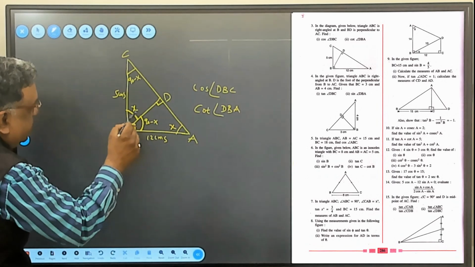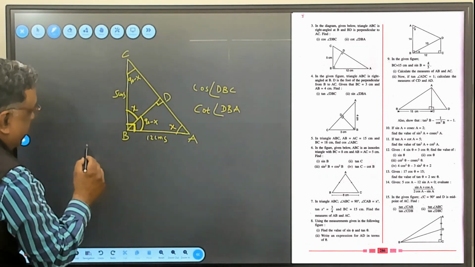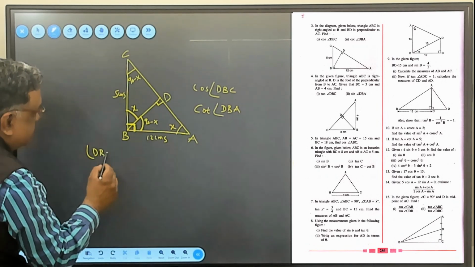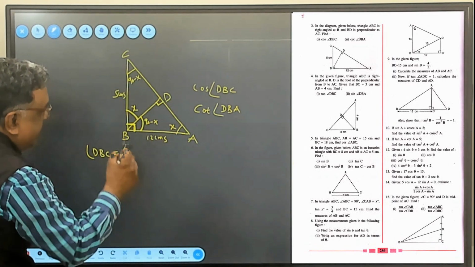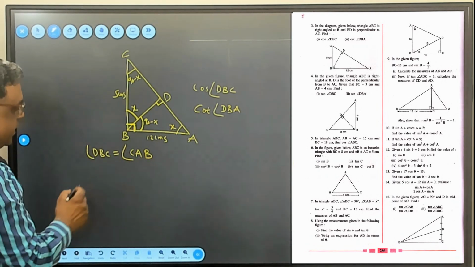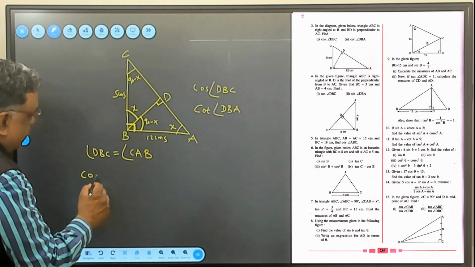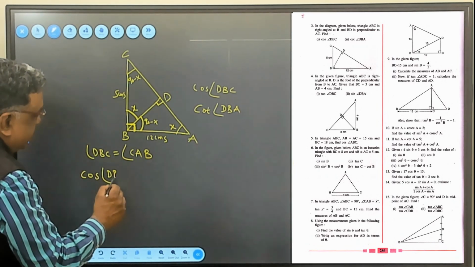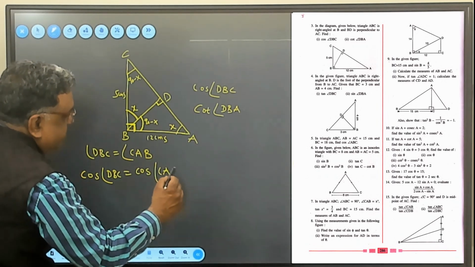Which means angle DBC, which is X, angle DBC is equal to angle CAB. Yes or no? So if angle DBC is the same as angle CAB, then finding cos of angle DBC will be the same as finding cos of angle CAB.